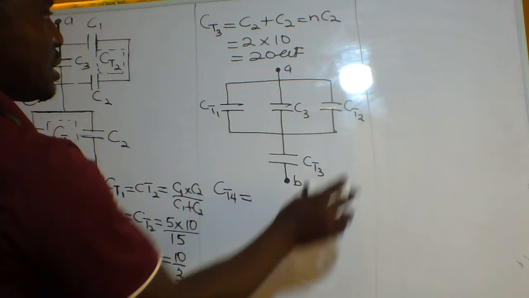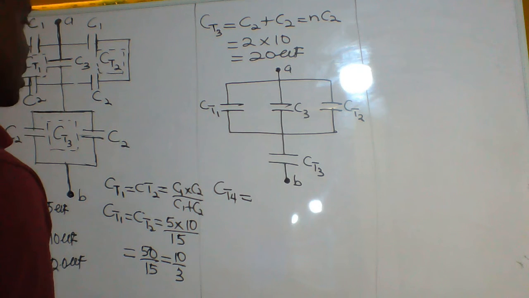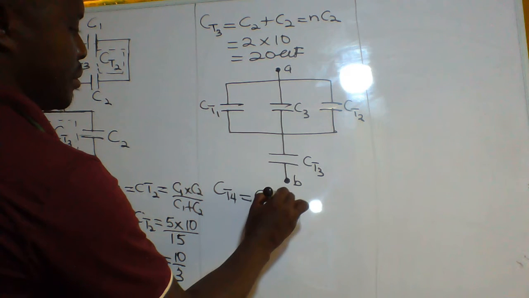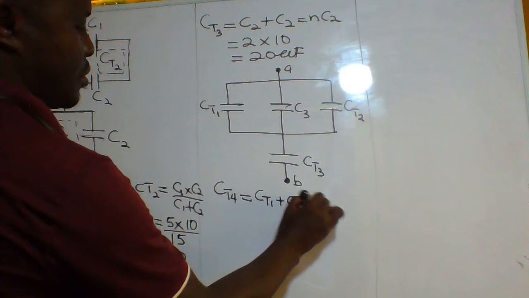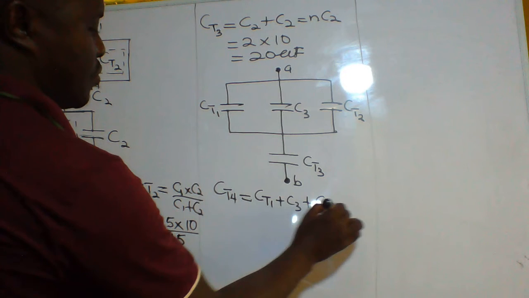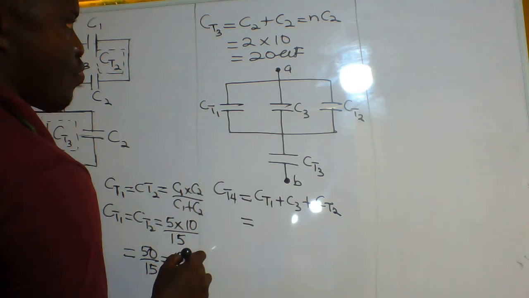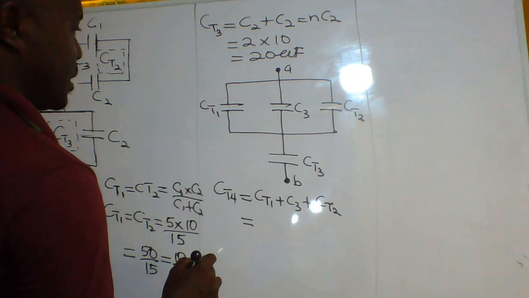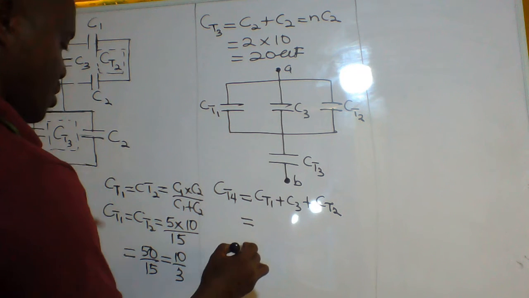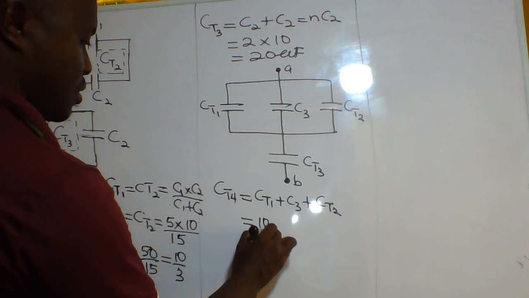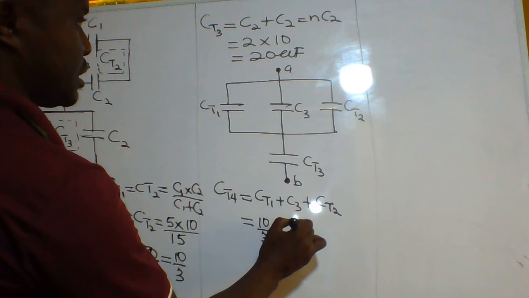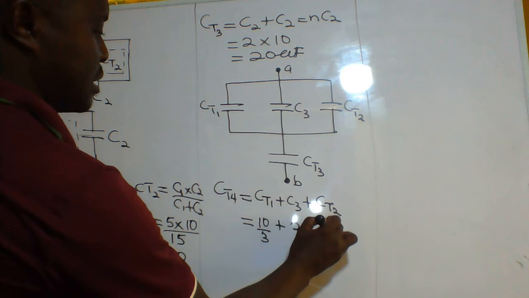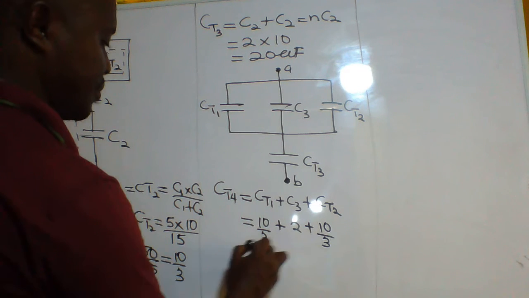Once they are in parallel, their combined capacitance is going to be the addition of all of them. So we have CT1 equal to 10 on 3, C3 is equal to 2, plus the same 10 on 3.